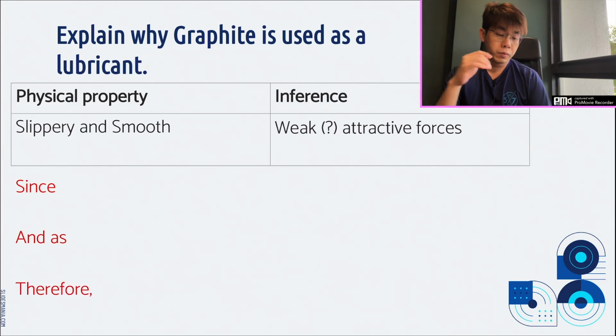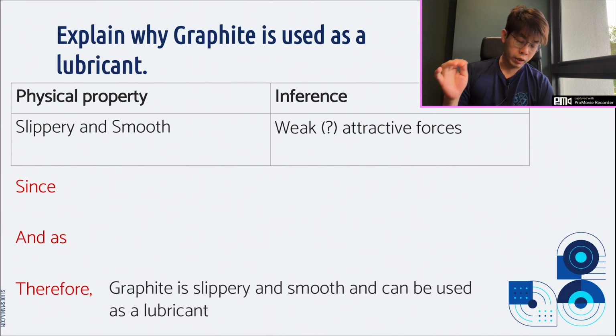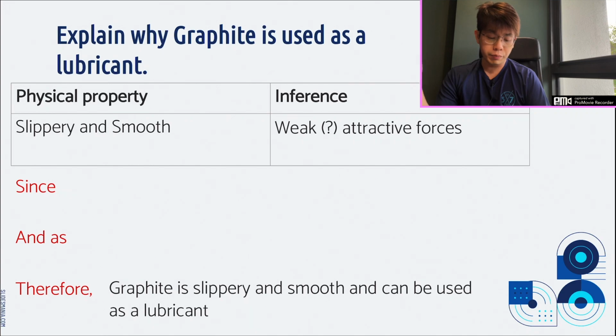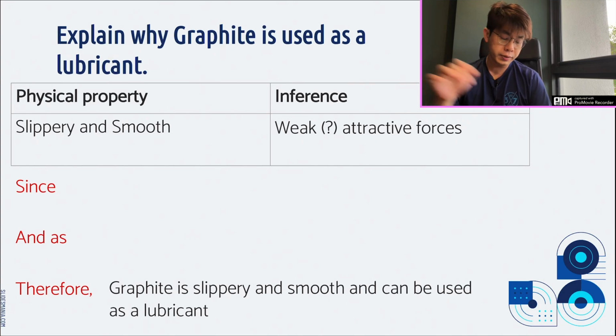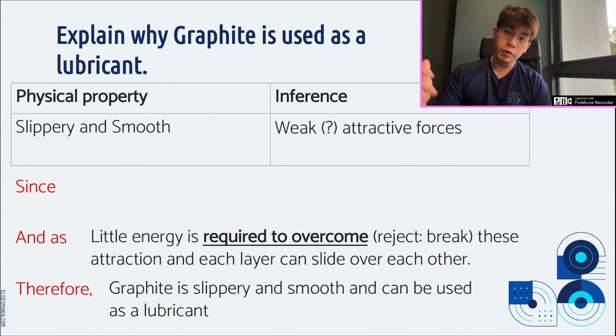Lastly, explain why graphite is used as a lubricant. In order for something to be used as a lubricant, it has to be slippery and smooth. So there must be some sort of weak attractive force. So how do you explain this? Graphite is slippery and smooth and can be used as a lubricant because little energy is required to overcome the interaction and each layer can slide over one another.